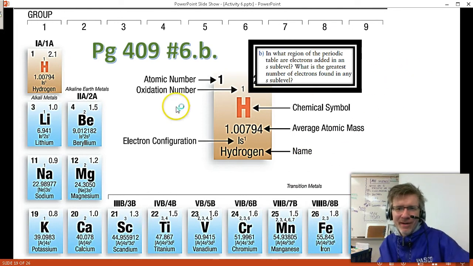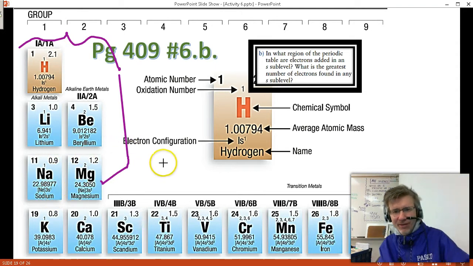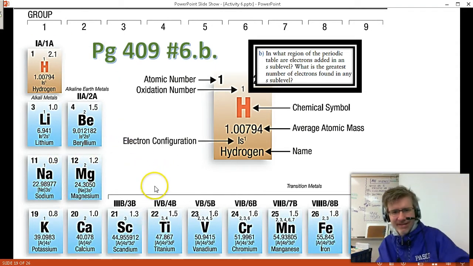In what region of the periodic table are electrons added in the S sublevel? So it turns out you're only going to add S sublevels in this region right here, in group 1 and 2. That's the only place where you're going to add S, because look, it goes 1s1 or 2s1 and then 2s2. Or 1s2, but these are both 1s2, 3s1, 3s2. That's the only place where you're adding S's.